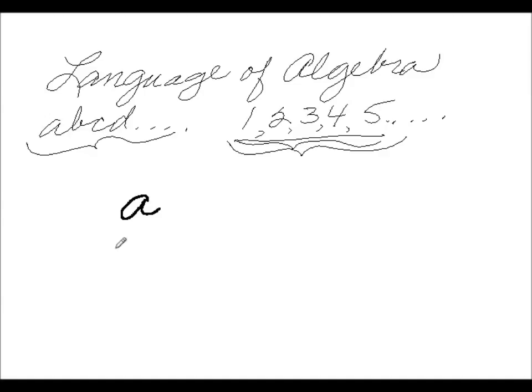A may be a mystery number, but we could say we have A plus another A. Well, this A by itself must stand for one of those A's, whatever we have, and this must be one of those A's. So 1A plus 1A is 2A.